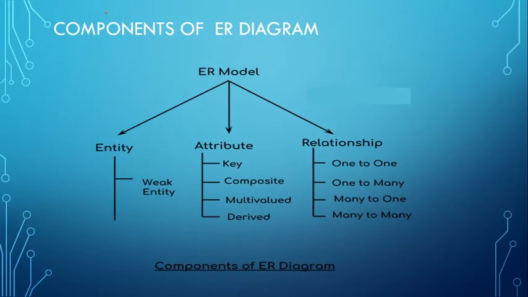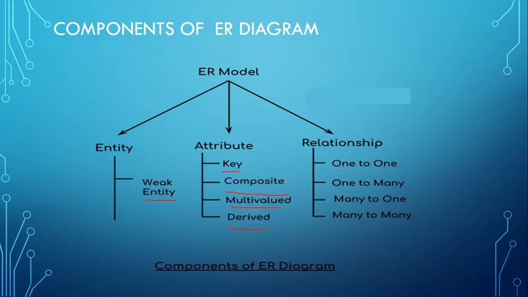Again, in entity we have weak entity, and in attributes we have key attribute, composite attribute, multi-valued and derived. Earlier we have seen these things, the multi-valued and derived attributes with double ellipse and dashed ellipse.